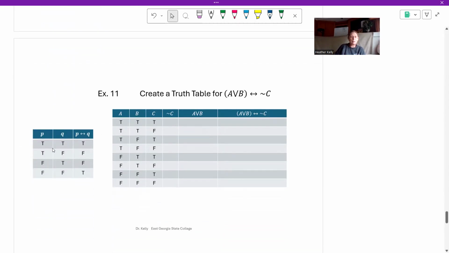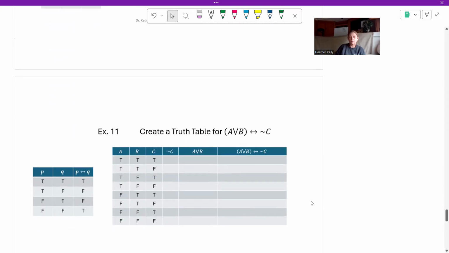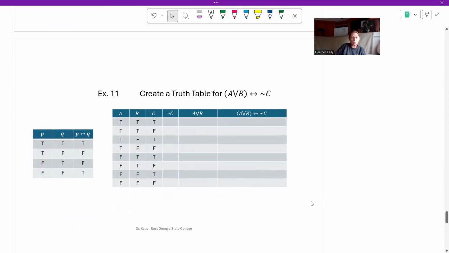Let's do the or real quick. A or B means it can be in either one. So that's true, true, true, and false. Okay, so let's see what it needs.